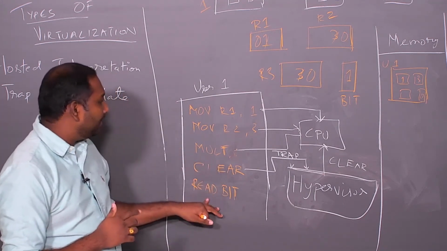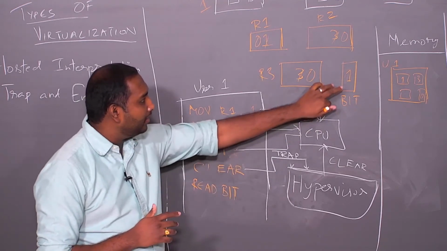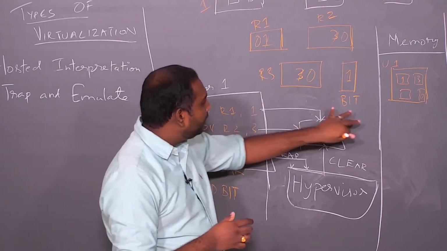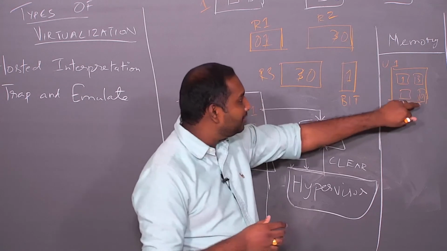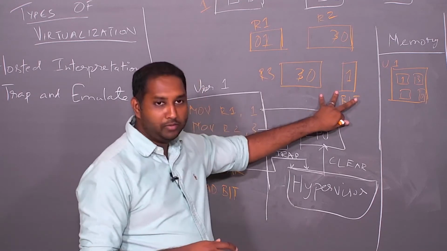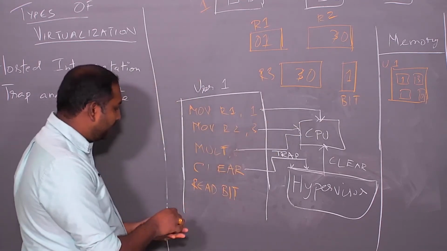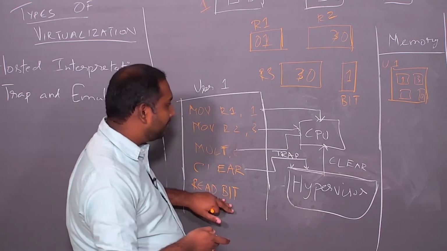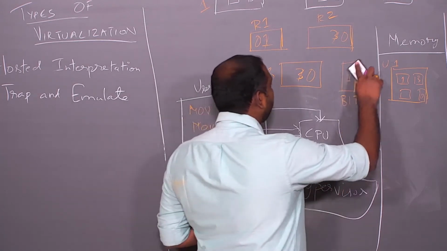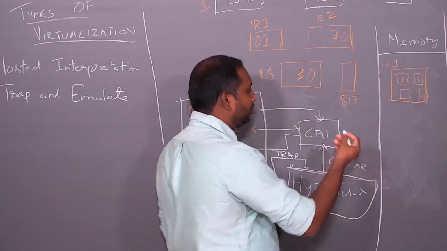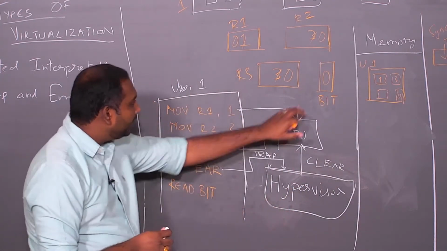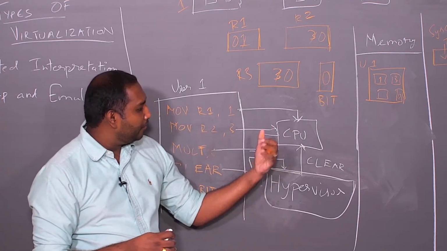Now, the problem is that the bit 1 the hypervisor is setting is not synchronized with the imaginary bit 1 that user 1 has. In the state of user 1, there is this bit also. When you do this read bit, let's say that because you did a save and a restore, it's at 0, because this bit is reflecting whether you did a clear or not.